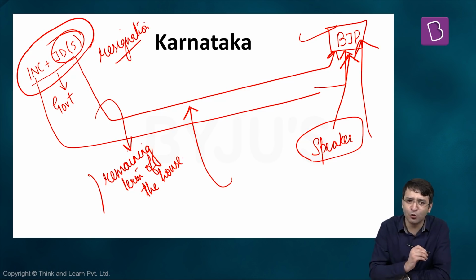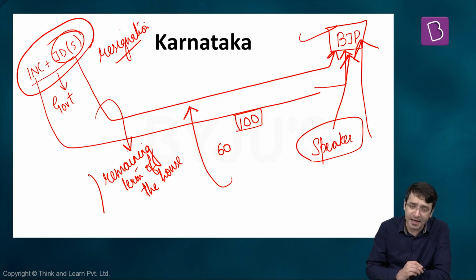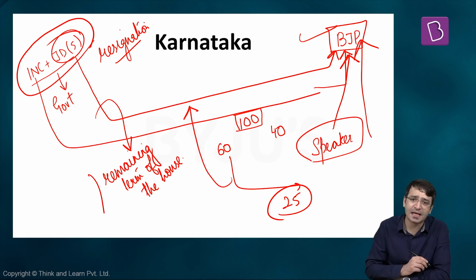Why is resignation a loophole? Let's say, for example, 100 is the strength of the Legislative Assembly. Political party A has 60 MLAs. Political party B has 40 MLAs. Can political party B form the government? No. The only way political party B can form the government is if 25 of these MLAs voluntarily resign.